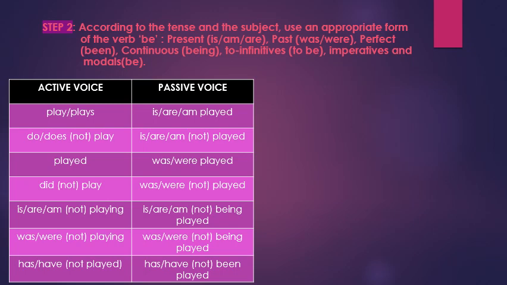Here, play or plays will become is or are or am played. See, this is, are, am depends upon the subject of the sentence. Like, he plays cricket. So in passive voice it will be, cricket is played by him.